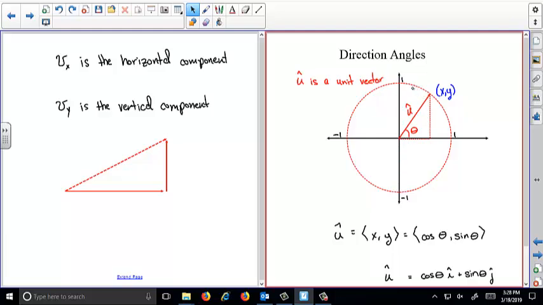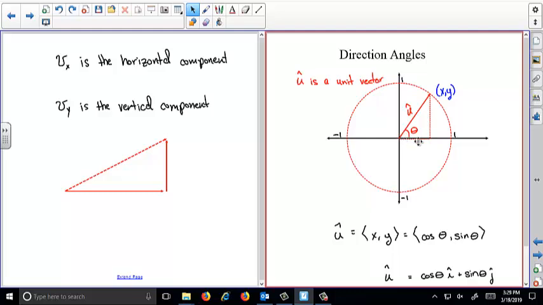And because the radius of the circle is 1, the length of this vector is 1. So all unit vectors are going to be somewhere around the perimeter of this circle. And we would represent this unit vector, or any vector, by just the coordinates of the tip of the vector in its standard position.